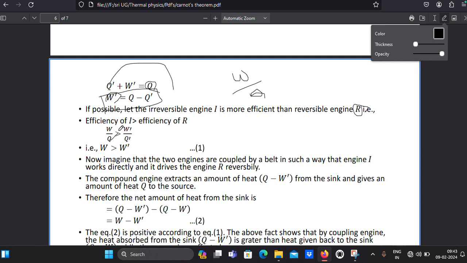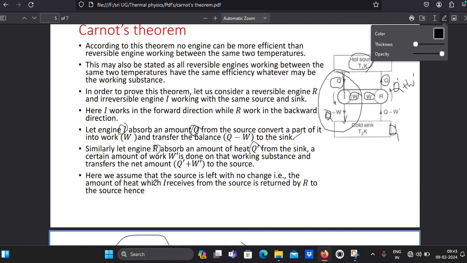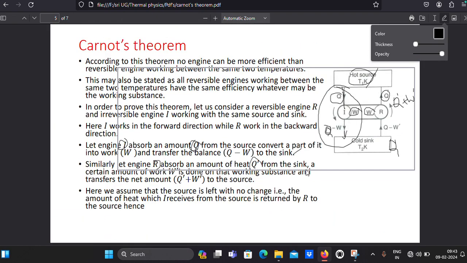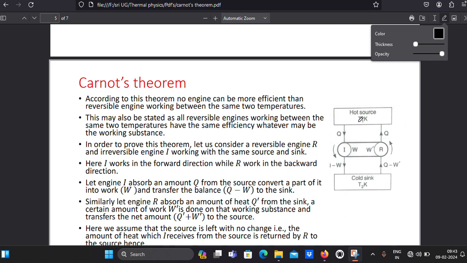So for the irreversible engine, W by Q. For the reversible engine, W dash by Q dash.